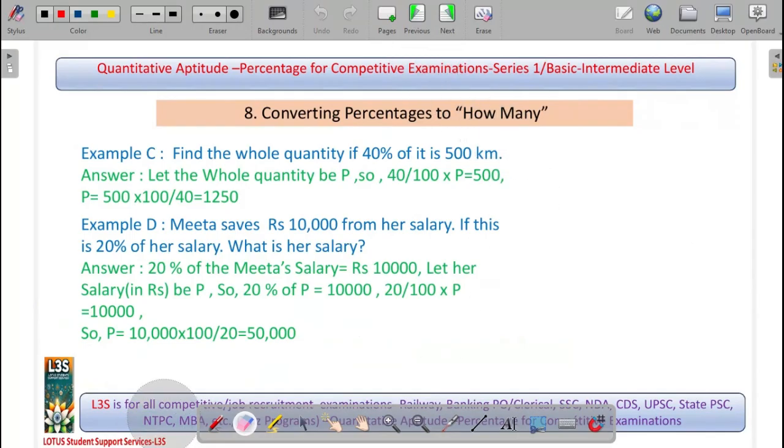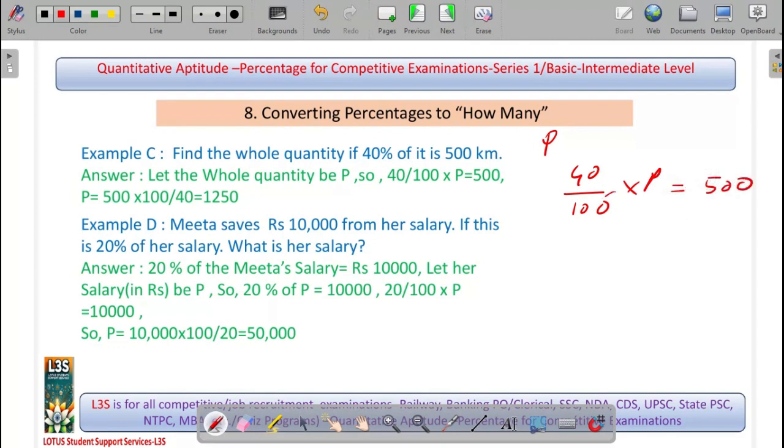The next example. Find a whole quantity if 40% of it is 500 kilometer. Let the whole quantity be P. Then 40% of P equals 500 kilometer.